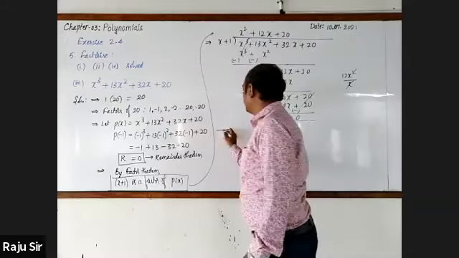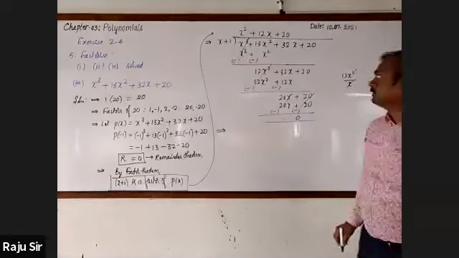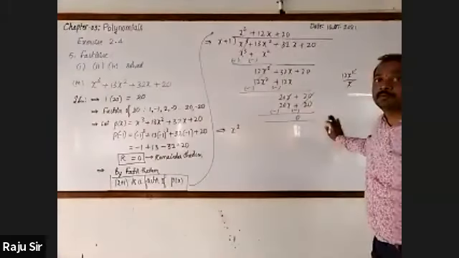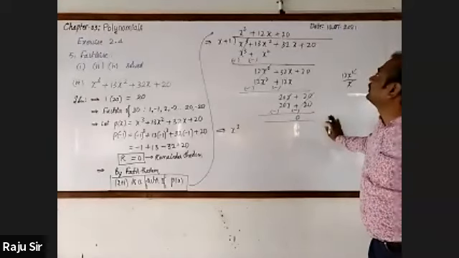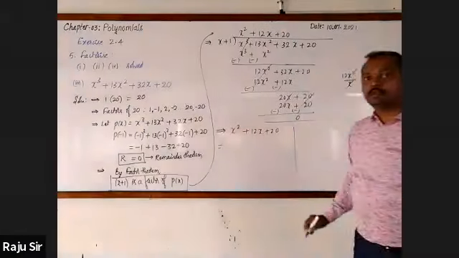Now, whatever quotient we have got should be factorized by splitting the middle term. The factors are x plus 10 and x plus 2. Take x square plus 12x plus 20 and go for splitting the middle term.